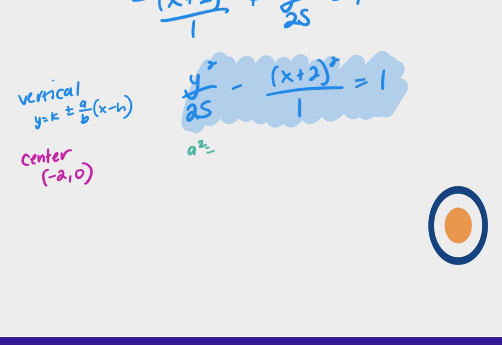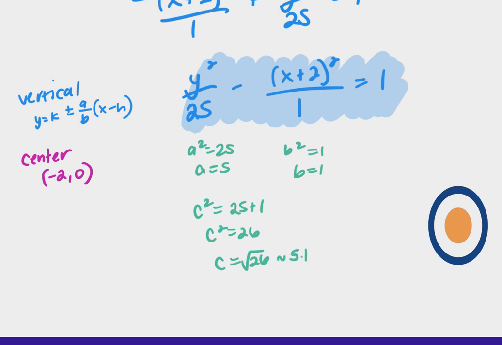Good. A squared is 25, so A is 5. B squared is 1, so B is 1. And if I wanted to find C squared, it would be A squared plus B squared, which would be 26, so c is the square root of 26. That doesn't simplify, and we would approximate it to be just bigger than 5, like 5.1.